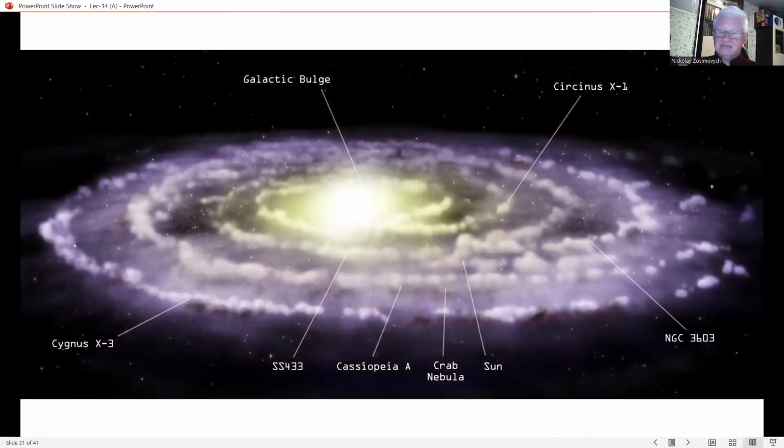As the 20th century began, astronomers believed that the sun was located near the center of a rather small wheel-shaped star system.